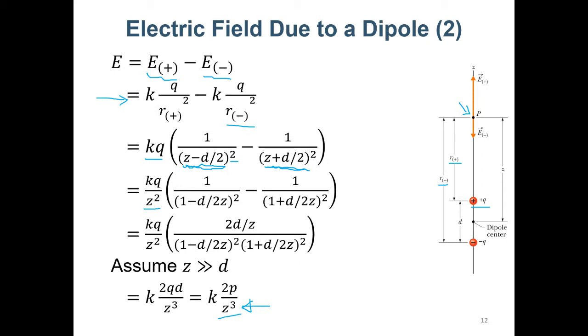So we have 1 minus d over 2z, because we have d over 2 here and we divide by z, so it becomes d over 2z. And this one is 1 plus d over 2z. So it is some algebraic calculation: you multiply by the common factor of them, and then you add them together.